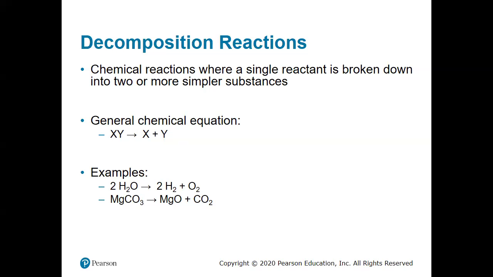In our decomposition reactions, you can see similar kinds of things. In these decomposition reactions, we are usually looking at substances that are either gaining or losing oxygen. So for example, the water here, the hydrogen has lost oxygen.